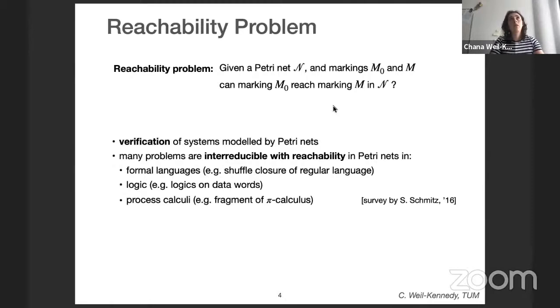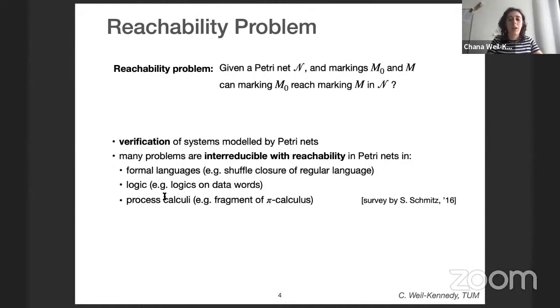It is central not only when we're verifying systems modeled by Petri nets, usually concurrent systems, but also because there are many problems in other domains of theoretical computer science that are interreducible with the reachability problem in Petri nets.